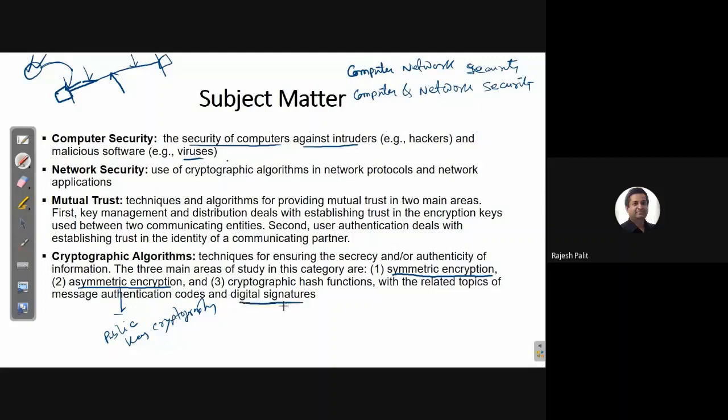Using public key cryptography we make a digital signature, and using the hash function we have the message authentication code, or MAC. These are the different categories of cryptographic algorithms we will be discussing in this course. Any question?